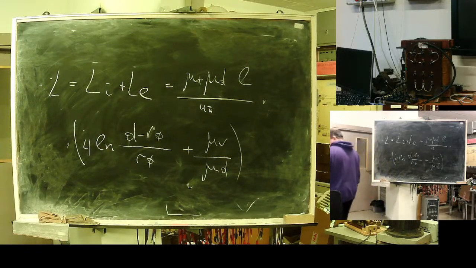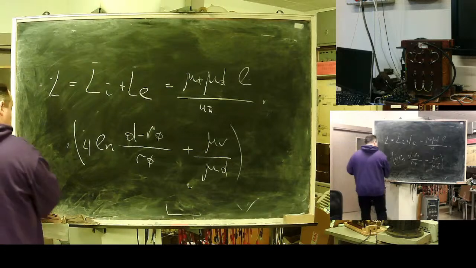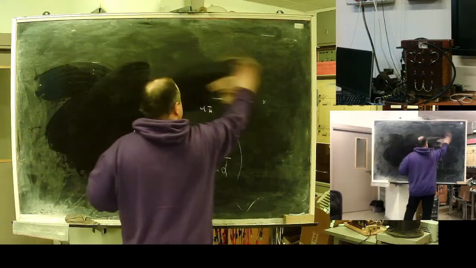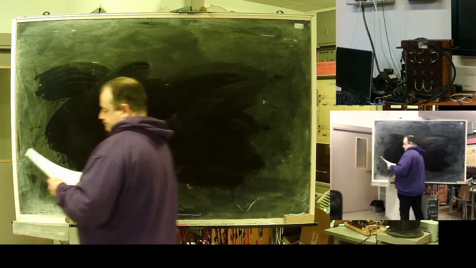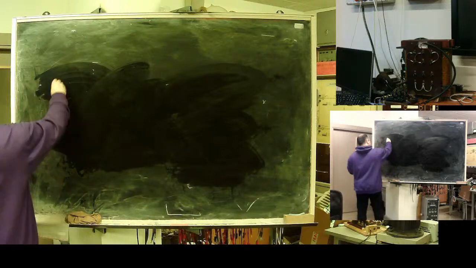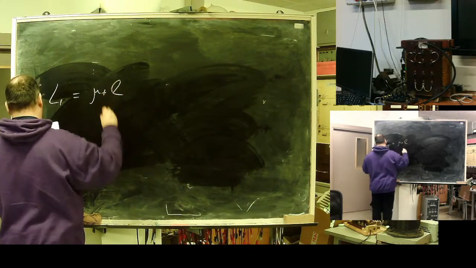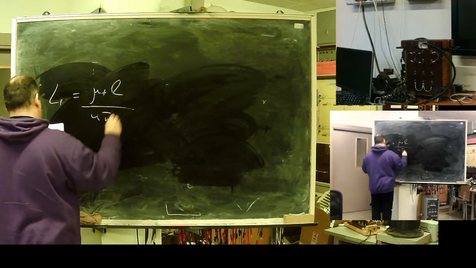Since the distance between wires, we are talking about overhead lines, is much bigger than the wire radius, and the magnetic conductivity of air is 1, this can be a bit simplified. So inductance will be mu0 line length divided by 4 pi.